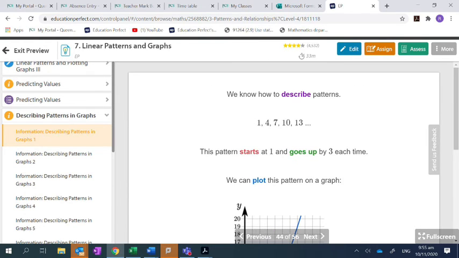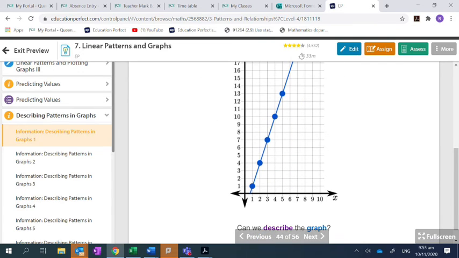Here's our pattern. They give us the numbers. Here it is plotted on the graph. And the first number, remember, that's just the terminology here. The first number is right here, this dot. And what number is the first number? 1. So that means we're going to start at 1.